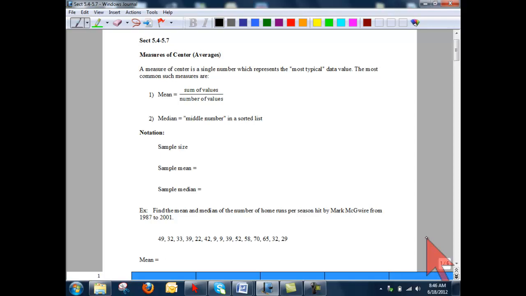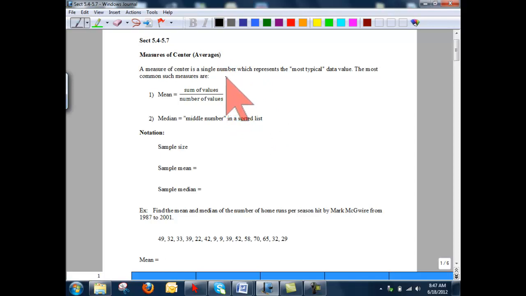So, first thing to talk about are what are called measures of center or averages. First of all, a warning that in statistics an average can mean either the mean or the median, or perhaps something called the mode. In everyday life, we usually use the word average to refer to the mean.